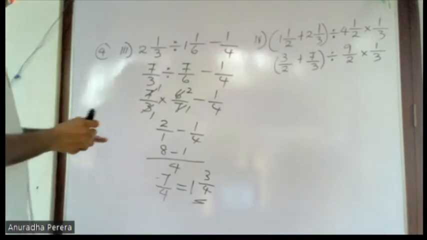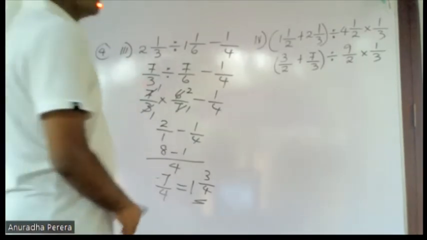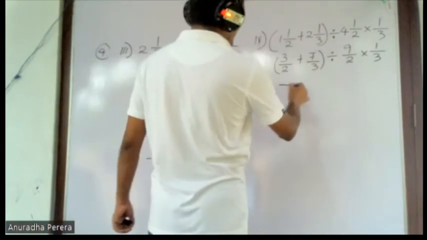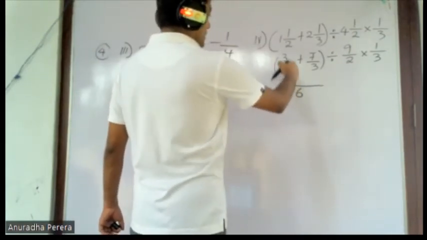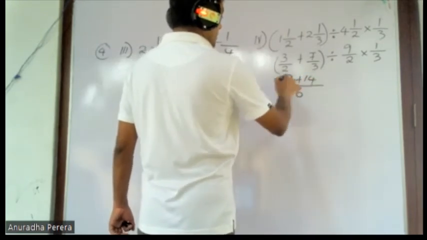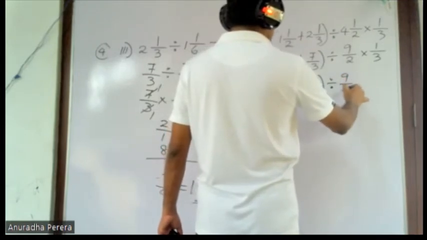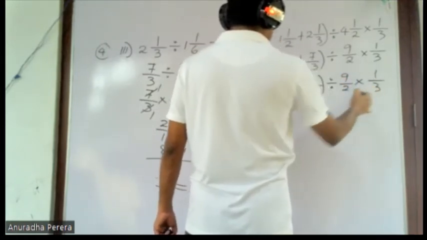Common denominator is 6. 6 over 2, 3 into 3, 9. 6 over 3, 2 into 7, 14.